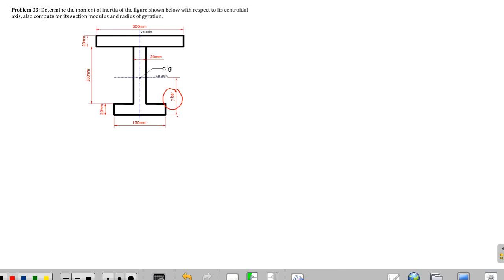That is the location of the centroid of the whole section from the bottom. So let's say this is area 1, the upper flange, area 2, the lower flange, and A3, the web.